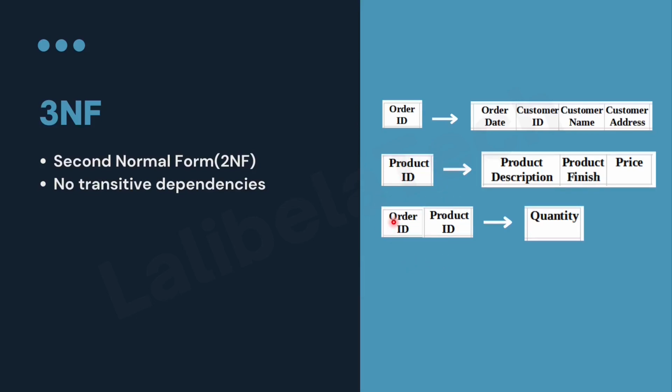Now, let us check if there are any transitive dependencies so that we can convert second normal form to third normal form to further avoid redundancy and anomalies.